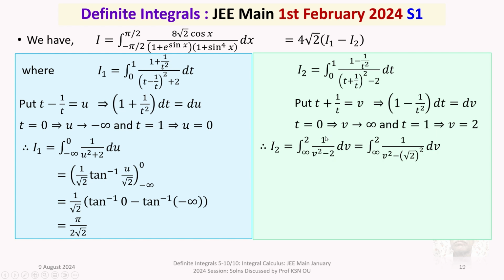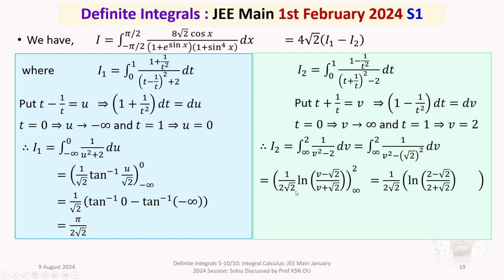This you can see as 1 by v square minus root 2 whole square with respect to v. Remember, integral 1 by x square minus a square is equal to 1 by 2a into logarithm of x minus a by x plus a. So 1 by 2 root 2 into ln of v minus root 2 by v plus root 2.